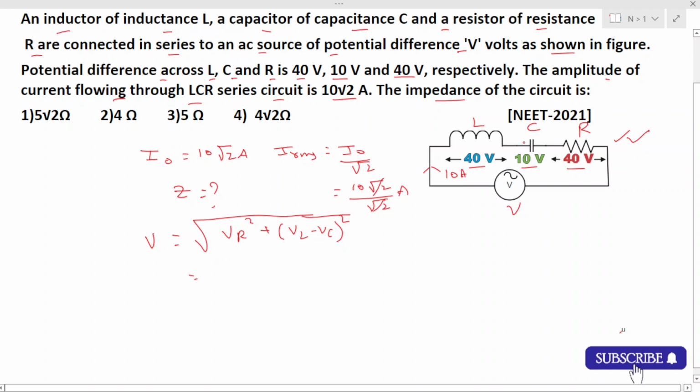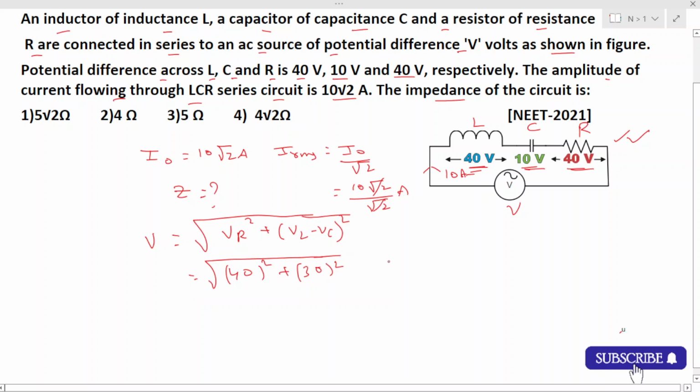Okay, so we have the values of VR, VL and VC. If we substitute those, what will we get? VR is 40, whole square, plus VL minus VC, that is 40 minus 10, that is 30, whole square.